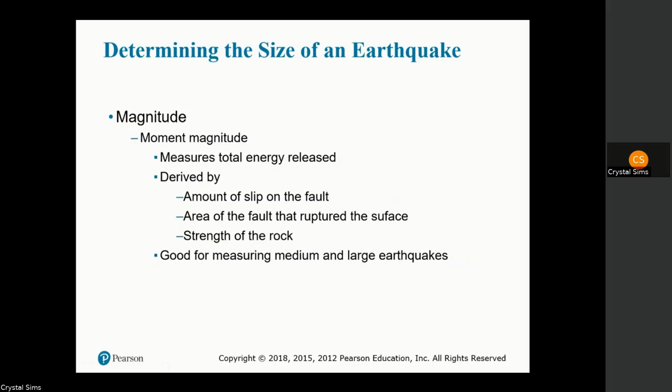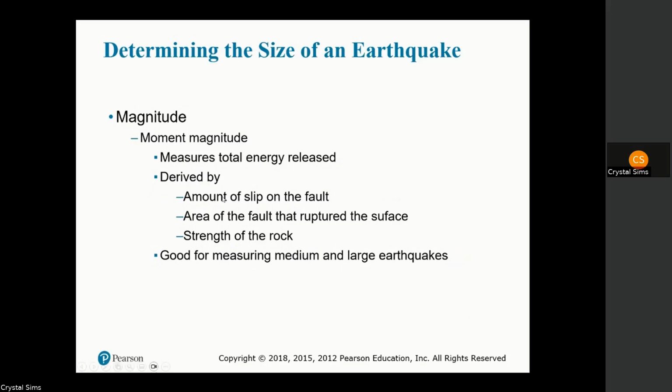We also have what's called moment magnitude, and for this we can measure medium and large earthquakes. This estimates the total energy that's released during the earthquake. So not specifically by the largest of the waves, it's the total energy that's released.